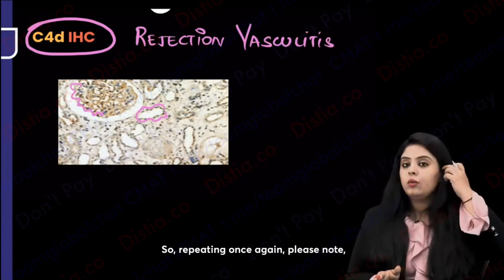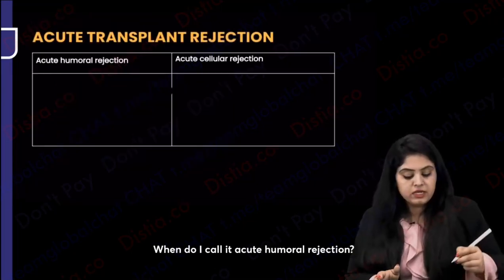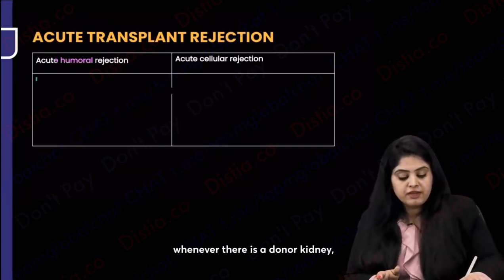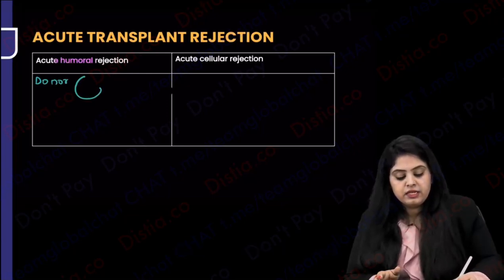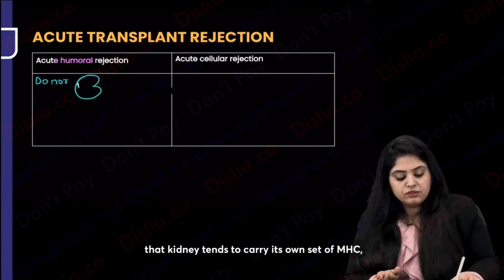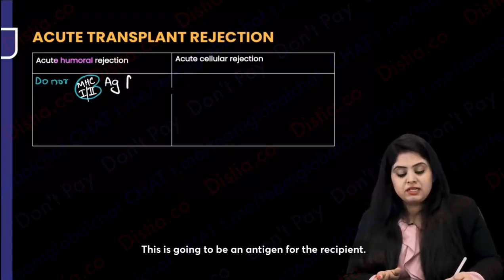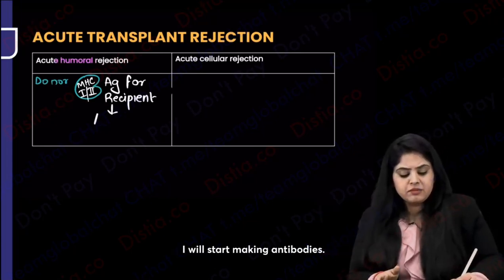So repeating once again, when do I call it acute humoral rejection? I call it acute humoral rejection whenever there is a donor kidney. That kidney tends to carry its own set of MHC, MHC1, MHC2, and this will act as an antigen for the recipient. So the recipient will say, fine, if you're trying to put an antigen inside me, I will start making antibodies.